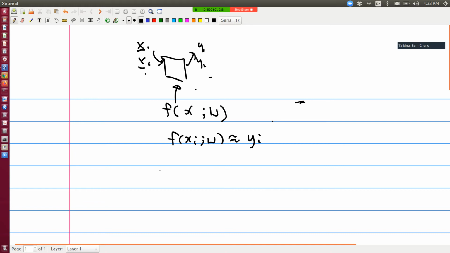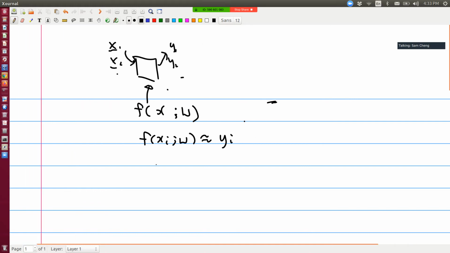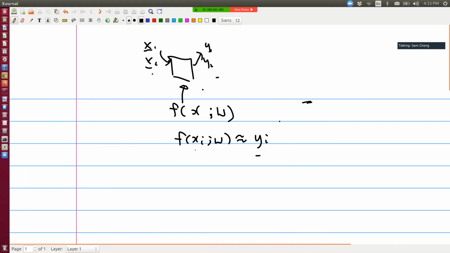Let's say we define a loss function that measures how far these two are from each other. So the loss is big if they are far away. We say we have a loss function L(f(xi, w), yi), something like that. Again, if they are far away, this loss will be big.